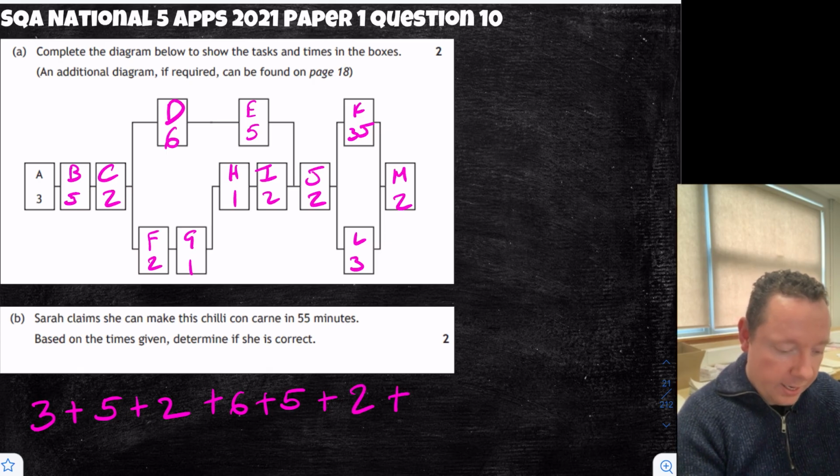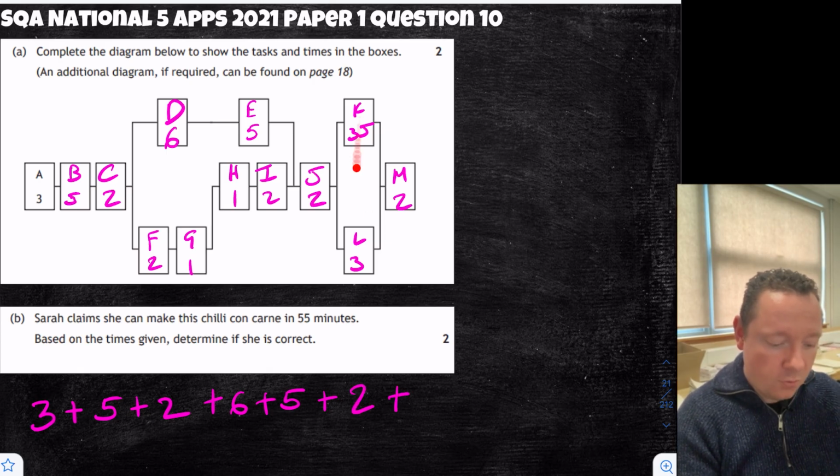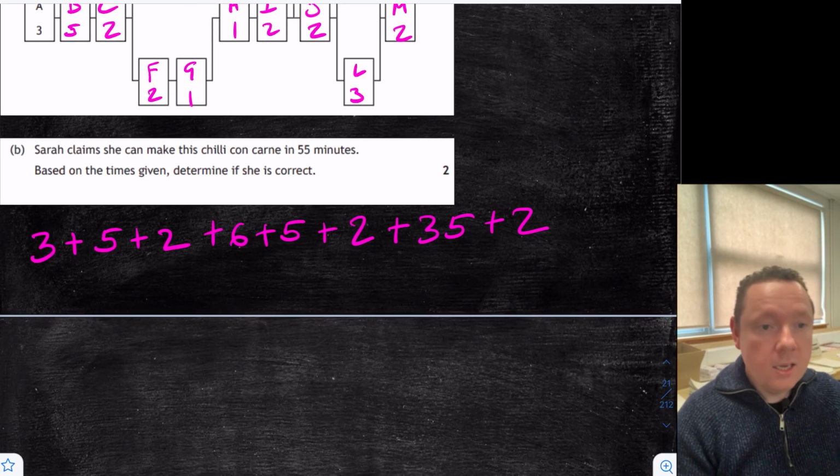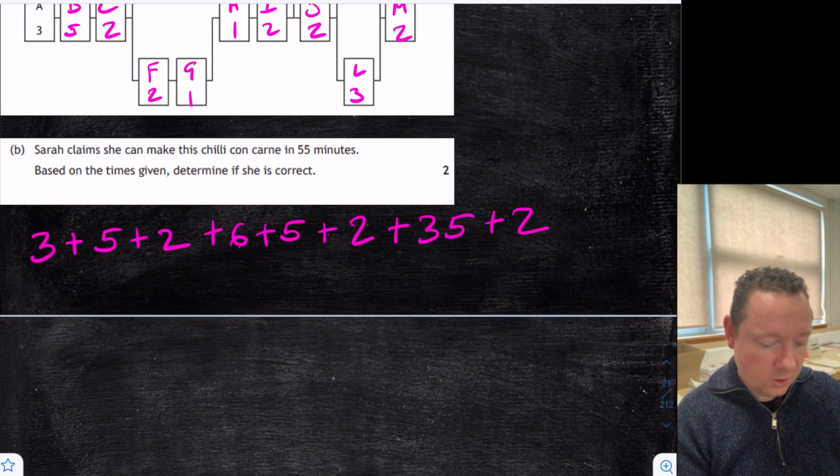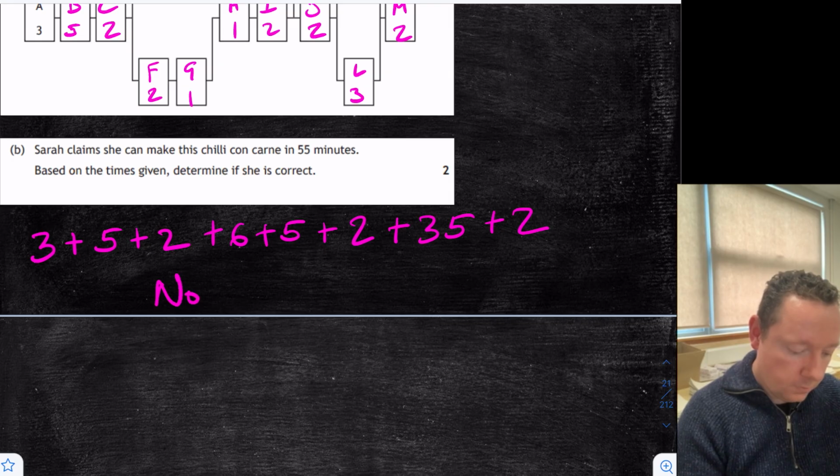And then we've got K and L happening, but we can't move on until K's finished. So it's going to take 35 minutes, even though L is 3. And then we've got the 2 minutes on the end. So 3 plus 5 plus 2 plus 6 plus 5 plus 2 plus 35 plus 2, 60 minutes. So she's wrong. It will take 60 minutes.